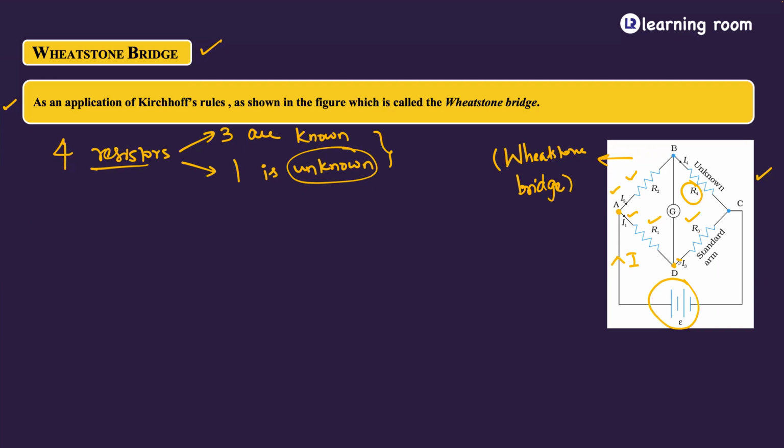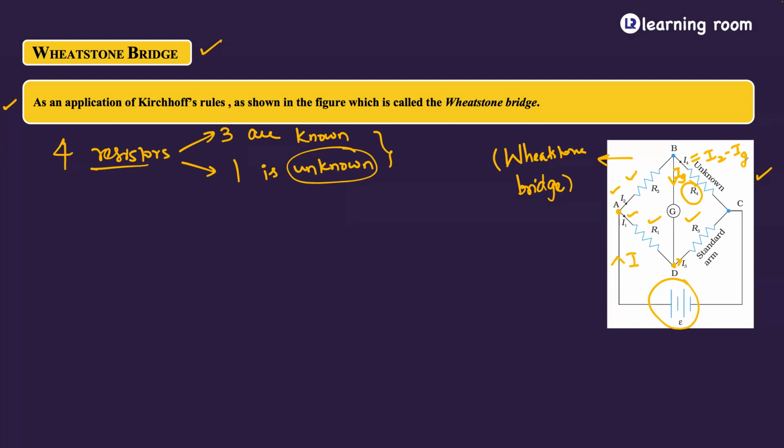Let's say the current here is IG. Then can I write this I4 as I2 minus IG?